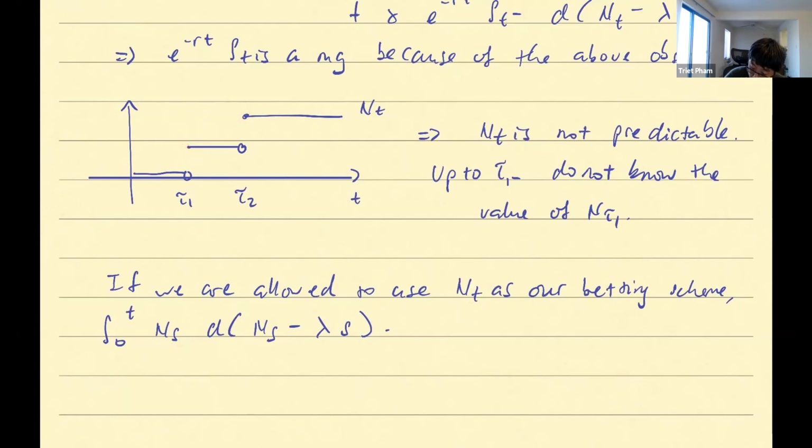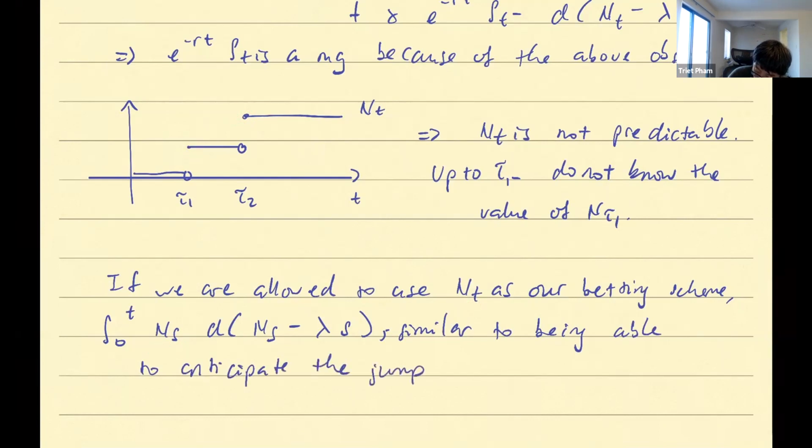This is similar to being able to anticipate the move before it happens, because you have access to N_t itself in your betting scheme. So it's like peeking into the future.